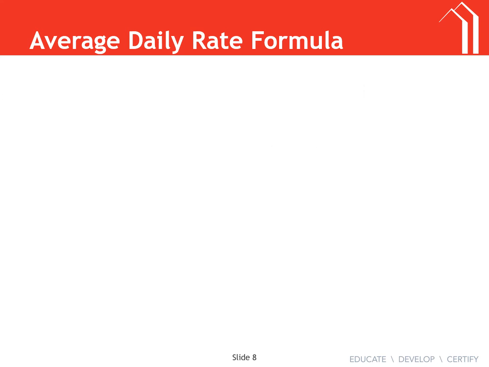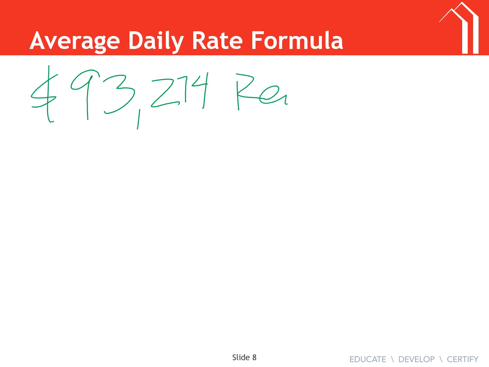So talk to us. Our question is, we have a net room revenue of $93,274. We sold 626 rooms, and we have a total of 700 rooms. So what was the ADR?